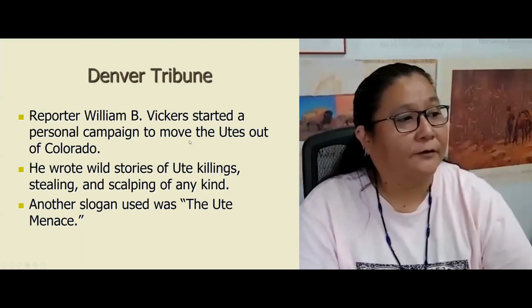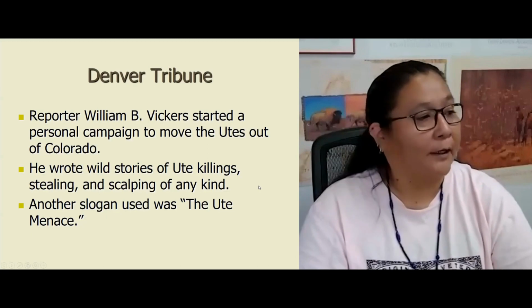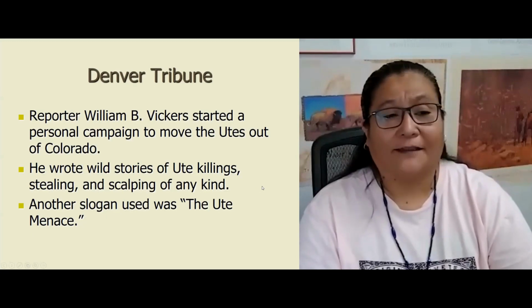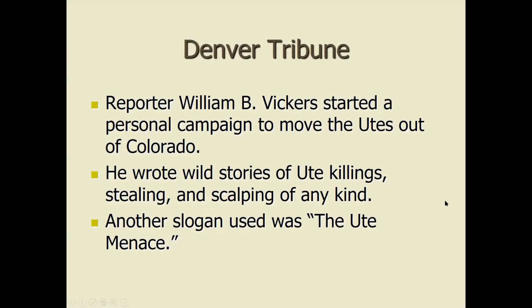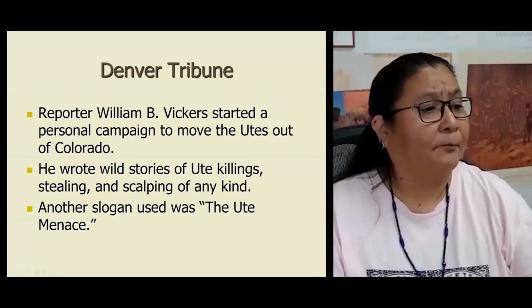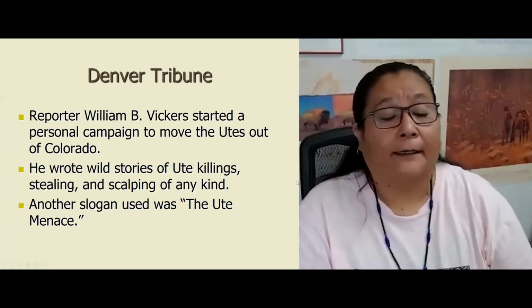So William Vickers started this campaign, and he wanted to move all the Ute people out of Colorado. He would write stories in the Tribune saying the Utes were killing and scalping. Yeah, they probably were, but at the same time, other people were actually lying about it.